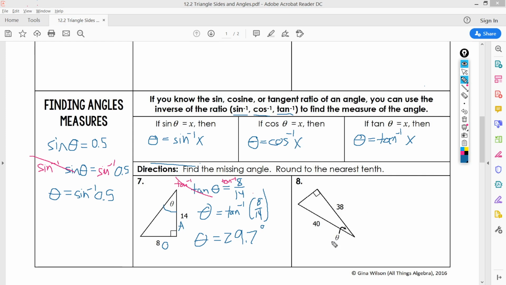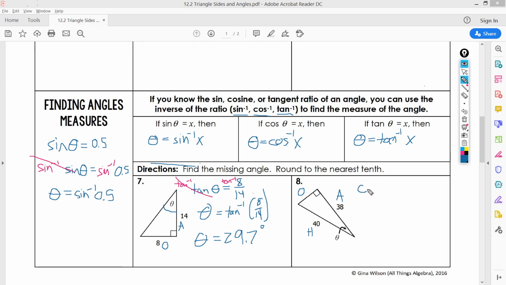So here's my angle of consideration theta, right? This is across from the right angle, my hypotenuse. This is my opposite, and right next to it is my adjacent. So I have an A, I have an H. So this is a CAH situation.